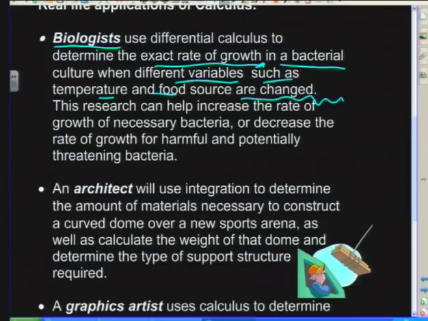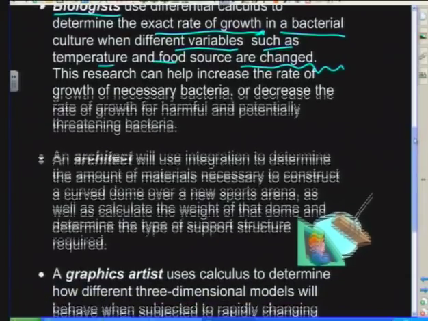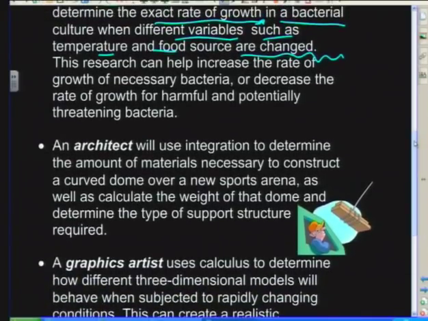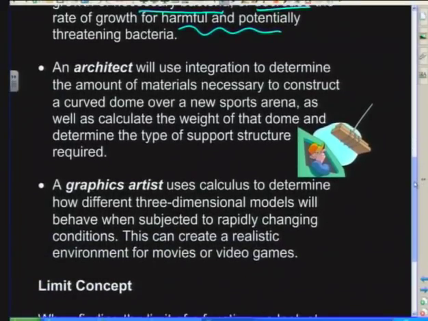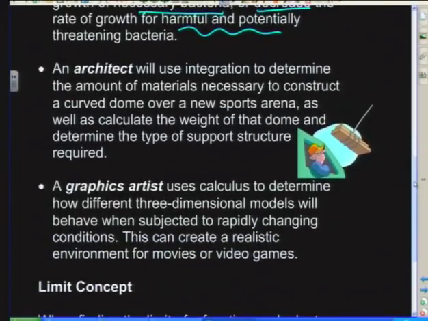As soon as you see the word changes, you've got to start thinking calculus. The research helps them increase the rate of growth of necessary bacteria, which is very important, or decrease the rate of growth for harmful and potentially threatening bacteria. Another use is that an architect will use integration to determine the amount of materials needed to construct a curved dome.